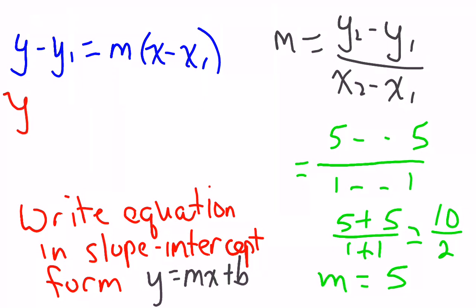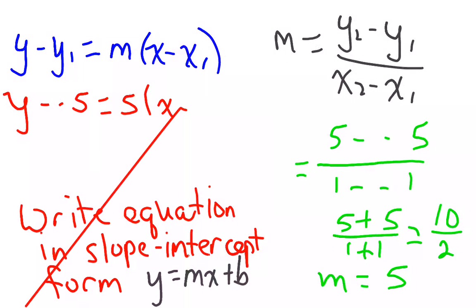So y minus y1, our y1 was -5. Our slope we just found is 5. And then x minus x1, x1 we said was -1. Okay. All right, so now we just have to make it look pretty, right?